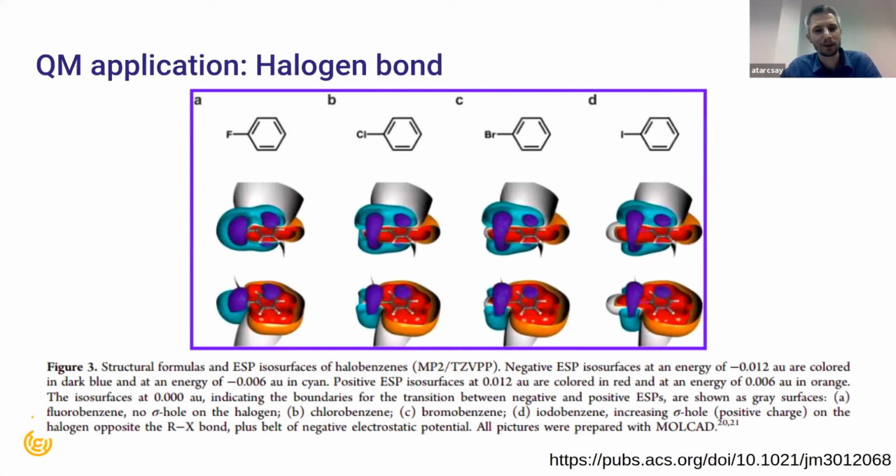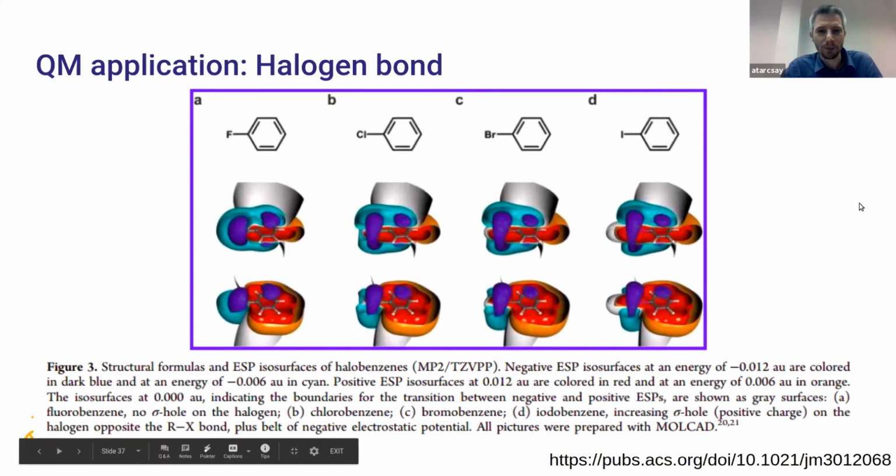Since I have seen that this conference is mainly on QM calculations, I try to squeeze in as many examples from the literature as possible to show applications of QM calculations. And I recommend to check this publication.